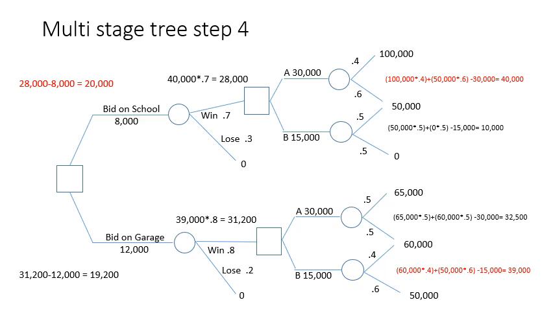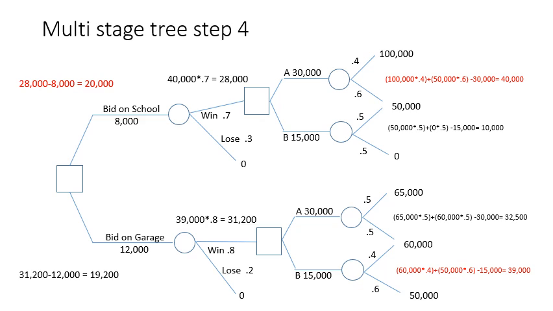Now, interestingly, if I wanted to think a little bit more deeply on it, yes, I can do this and make this going forward. However, if I have the capability of bidding on both the school and the garage, I could bid on the school, have my A team work on it and expect to make $20,000.